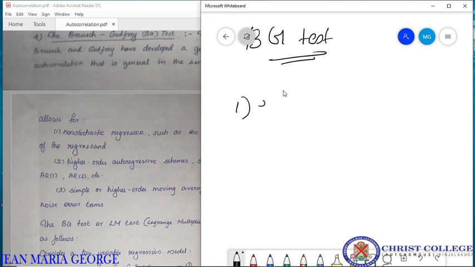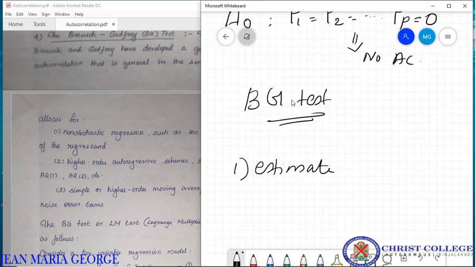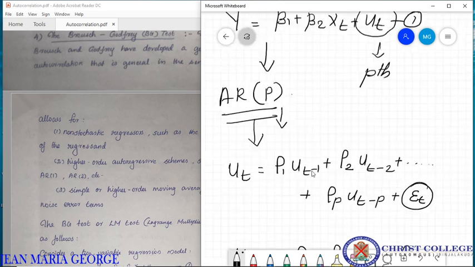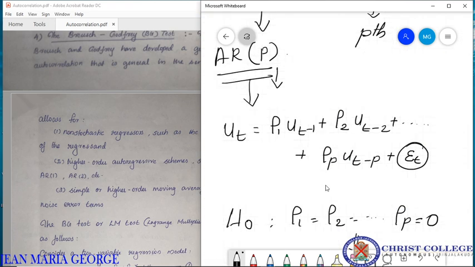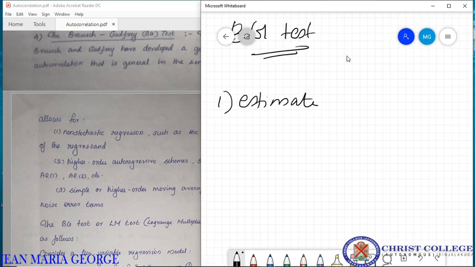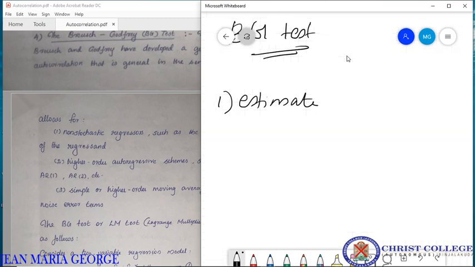First we have to estimate equation 1, that is the simple two variable linear regression. This is equation 1, right? Now simply by applying OLS or any method, estimate the values of equation 1 and obtain the value of the error term u hat t.